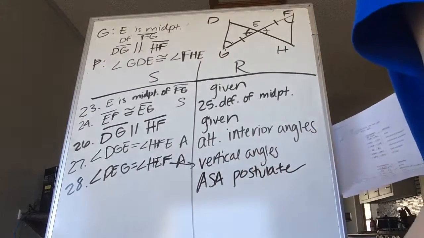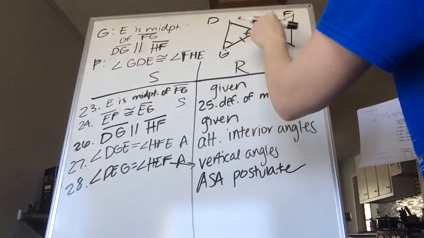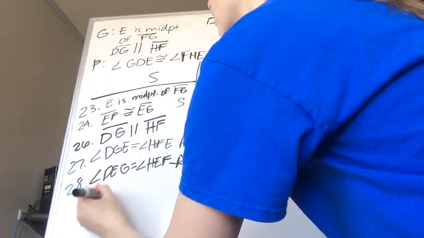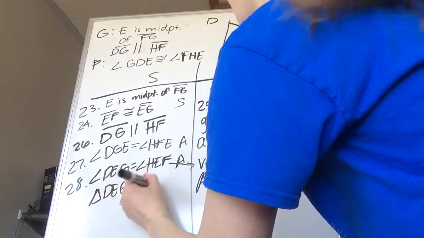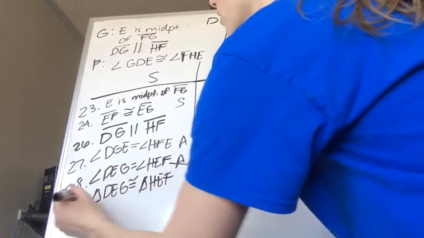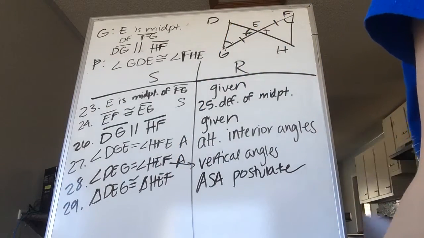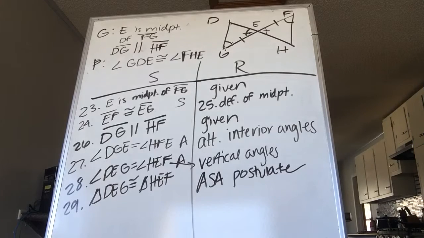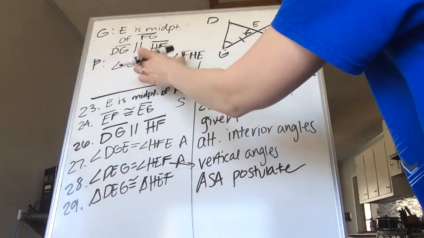So that makes triangle DEG and triangle HEF congruent to one another. So that's 29. We established that those triangles are congruent because of ASA, or angle side angle. But once again, they want us to prove something different.